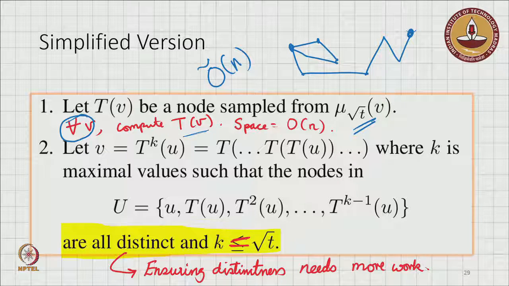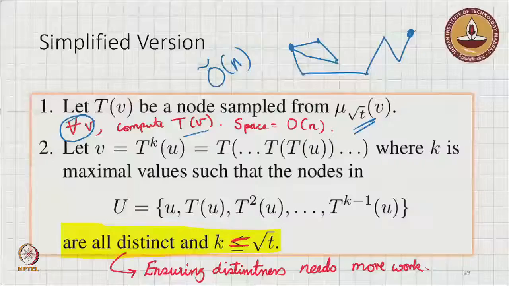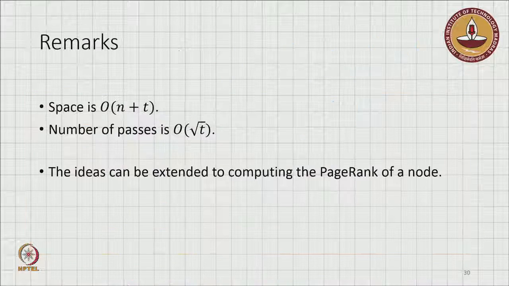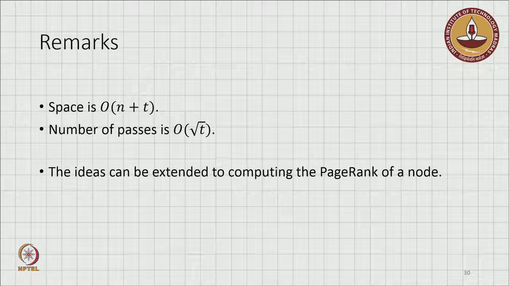Now the important thing is to somehow stitch these random walks to create a random walk of length t. So essentially what happens is the following. Let's say this is a vertex u, and this is the set of all vertices.